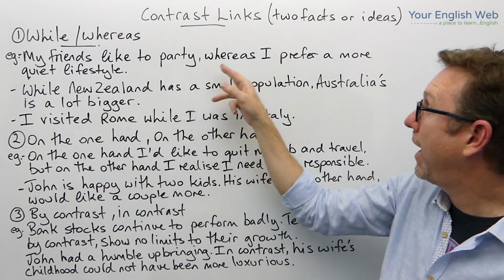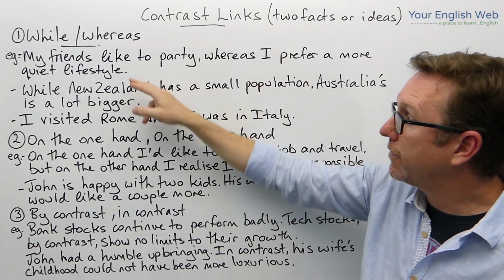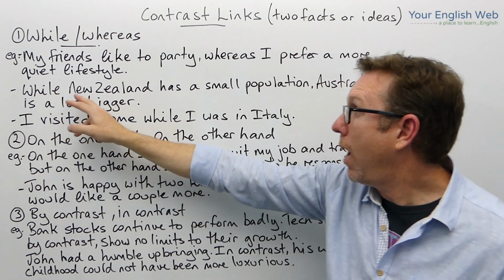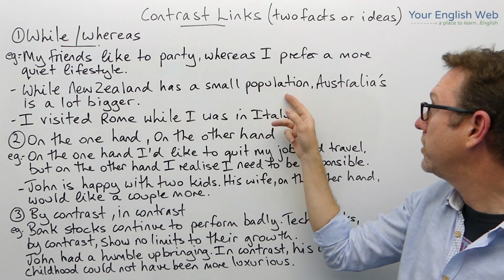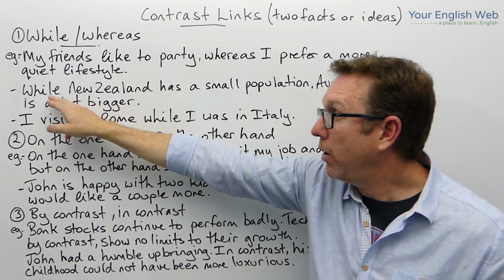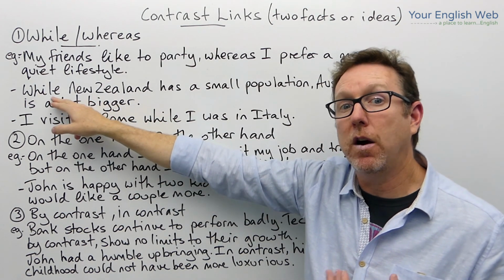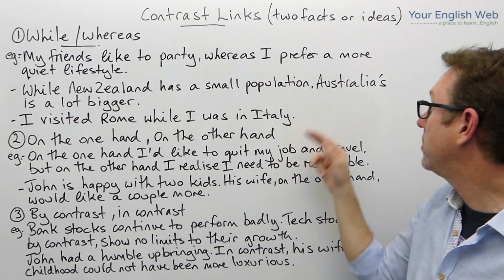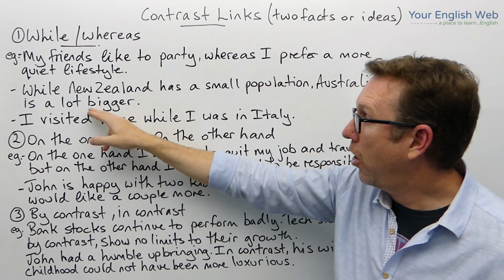My friends like to party, but I prefer a more quiet lifestyle. But here it's a little bit different when we use it at the beginning. So while New Zealand has a small population, Australia's is a lot bigger. So while or whereas at the beginning of the sentence here. So whereas New Zealand has a small population, Australia's is a lot bigger.